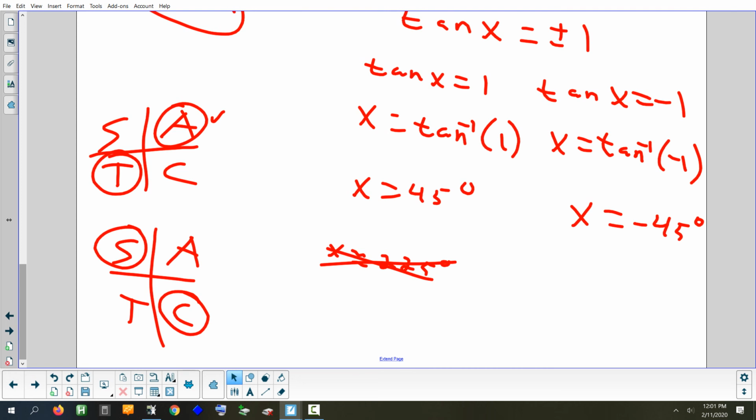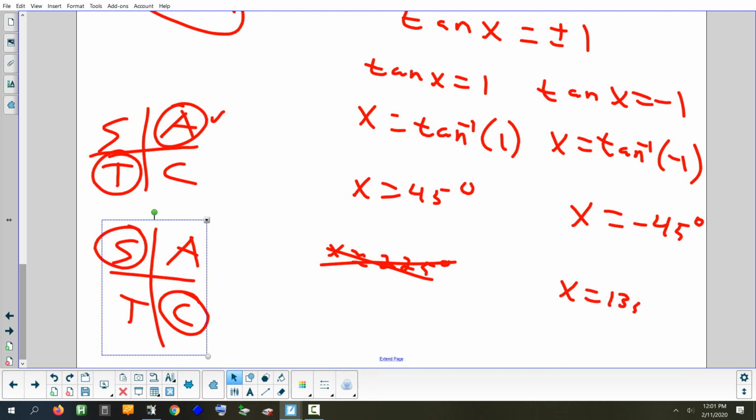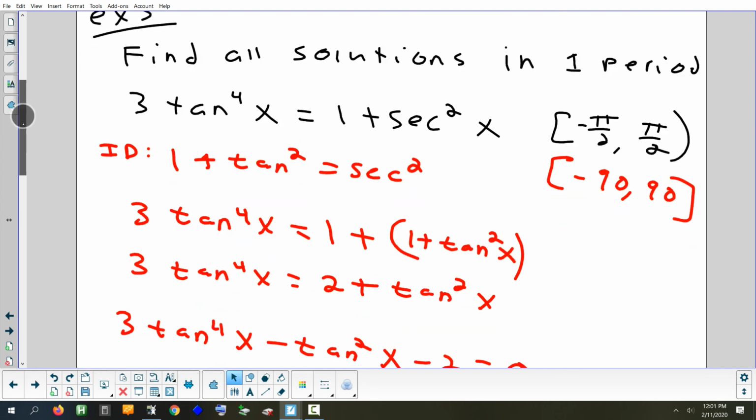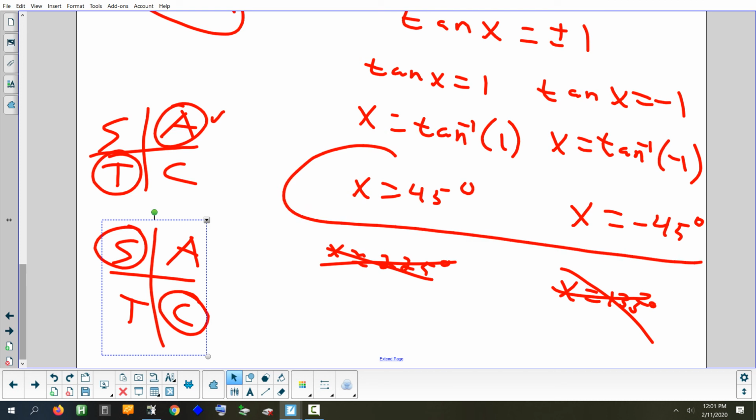What's the formula in quadrant 2? 180 minus 45, that's 135. Go back up. Did they want 135? No. They wanted negative 90 to 90. So I don't even need to write it. So that ASTC thing in this problem, it's a waste of time. They don't want it. This is all they want.